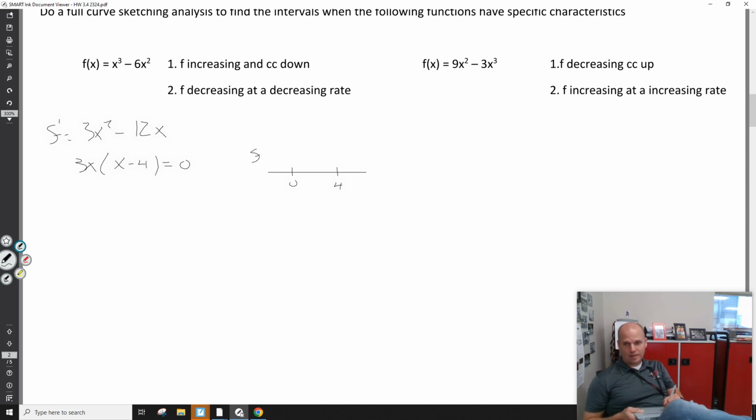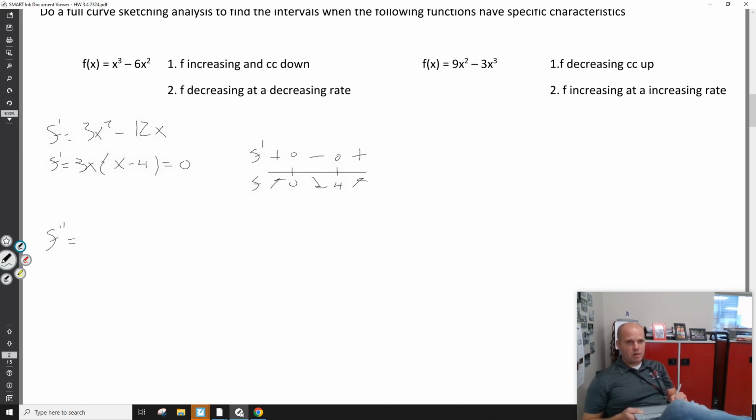Make sure you have it labeled. I tell you kids to label it, and you don't. But it's important because the signs of f prime tell us if f is increasing or decreasing. Use multiplicities, do test points, whatever you want to do to get that.